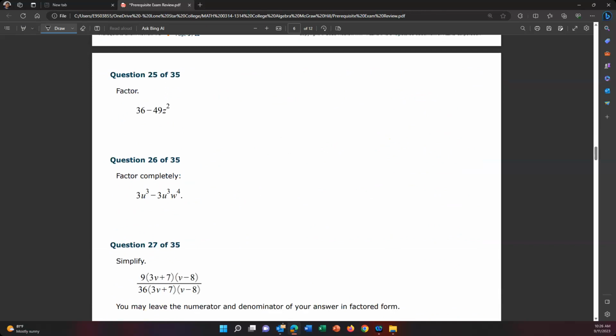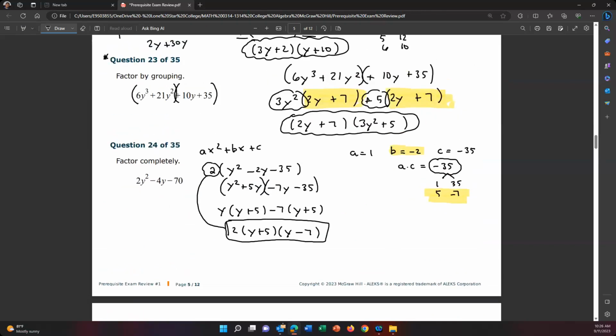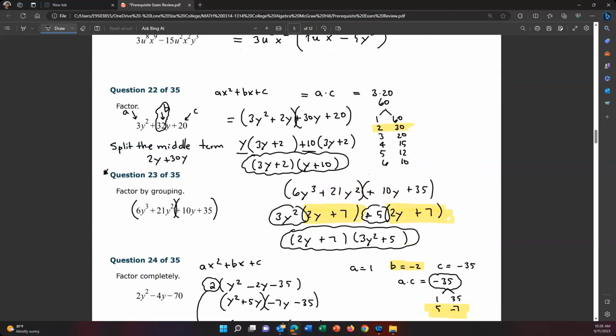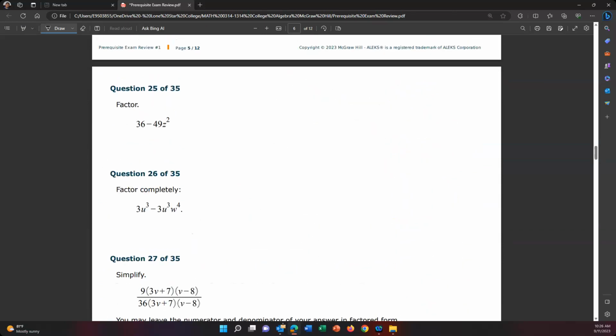All right. Okay. There is a little formula that goes with this, okay? This is very different from example 24 and 22. Notice that there's only two terms. And so that is actually a difference of two squares. A squared minus b squared.